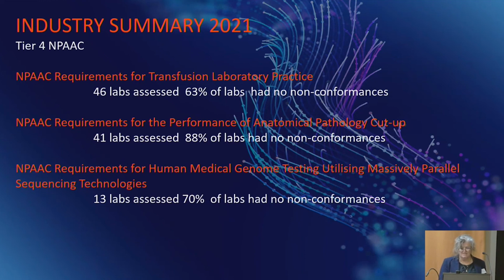The second highest was anatomical pathology cut-up, and we're getting down to some pretty small numbers here, so they all mean the same. 88% of the labs had no non-conformances, and for the human genome, only 13 labs were actually assessed against that, and most of them had no non-conformances.